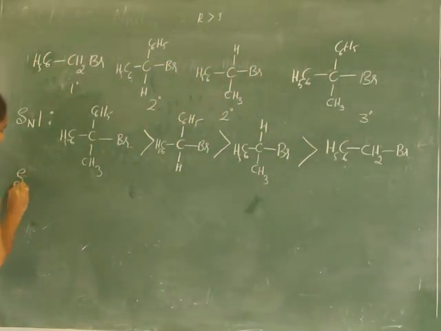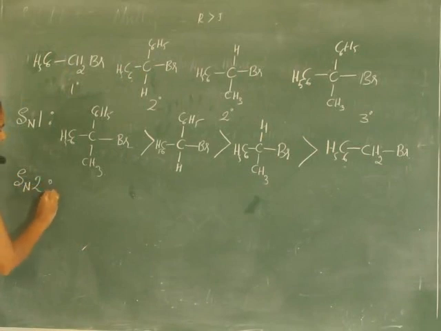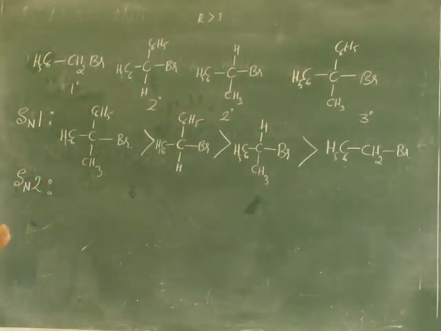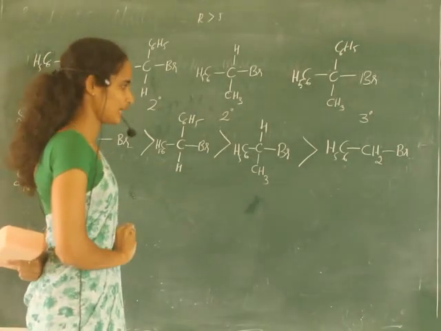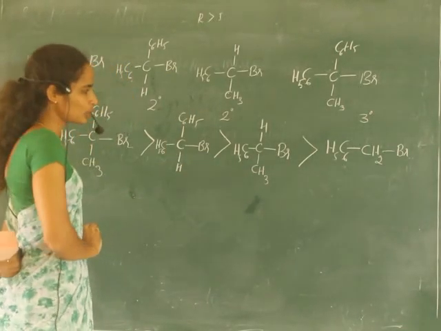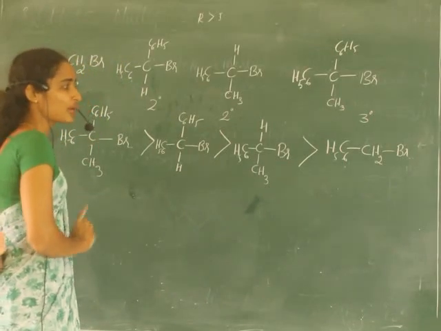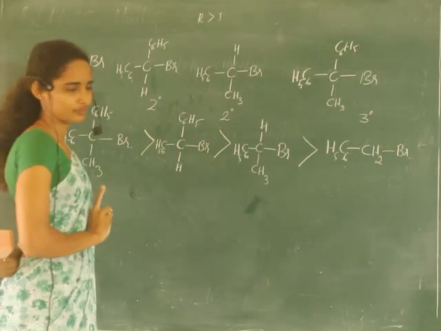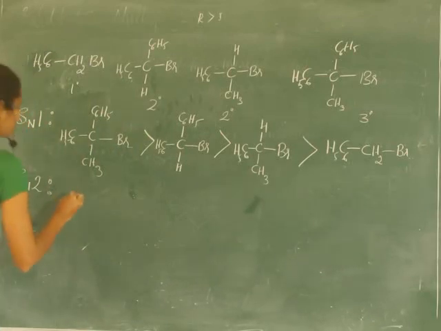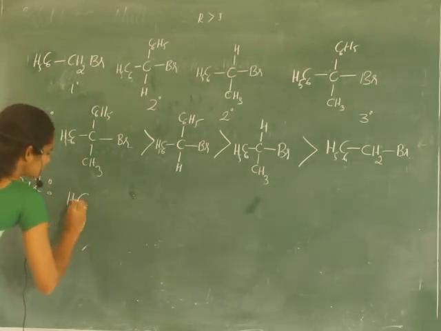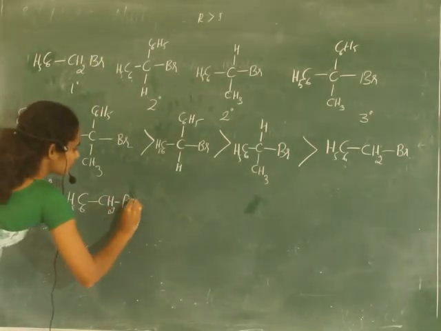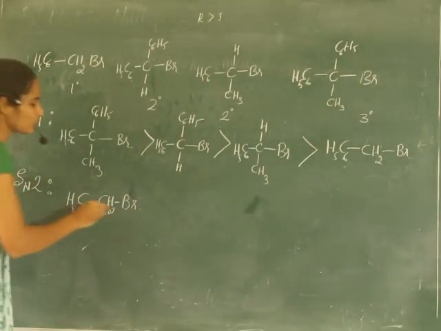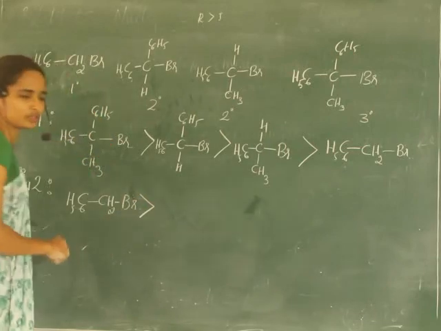Now what about SN2 reaction? The lesser the bulky groups, the greater will be the reactivity, right, in SN2 reaction. Hence primary will react faster in SN2 reaction, as we know. So that C6H5 CH2Br, it is a primary compound, will undergo SN2 reaction.